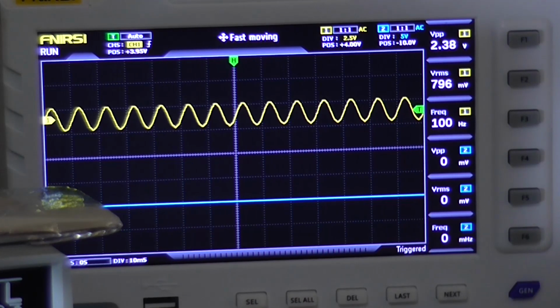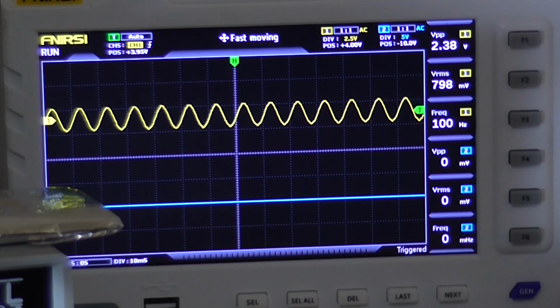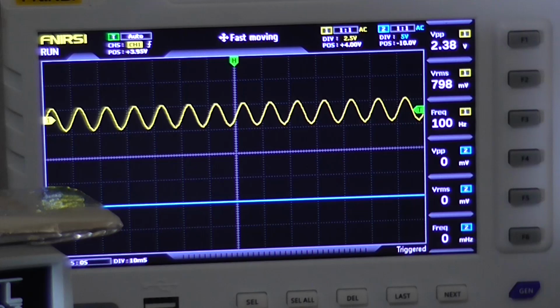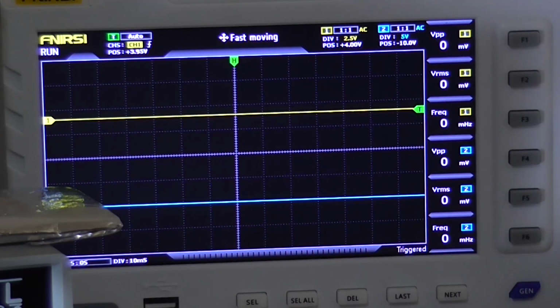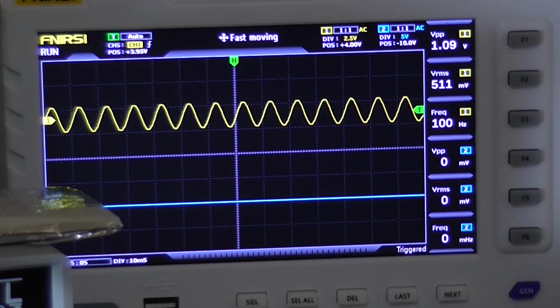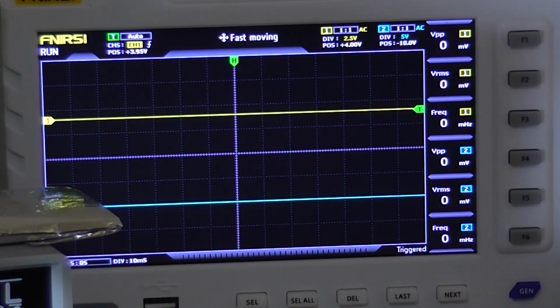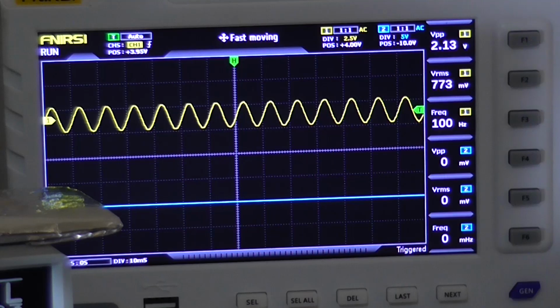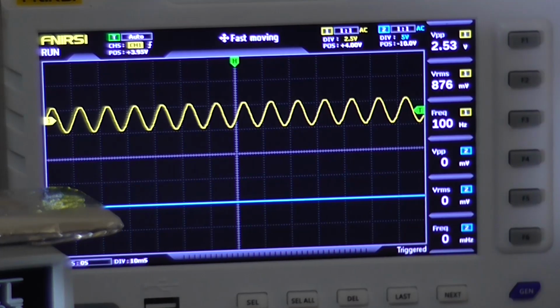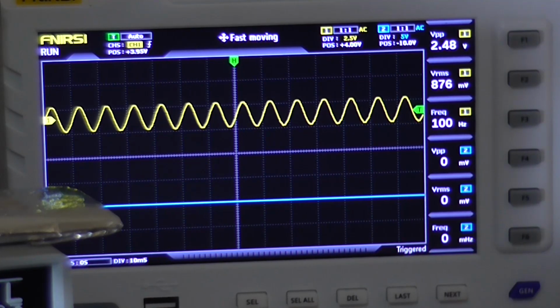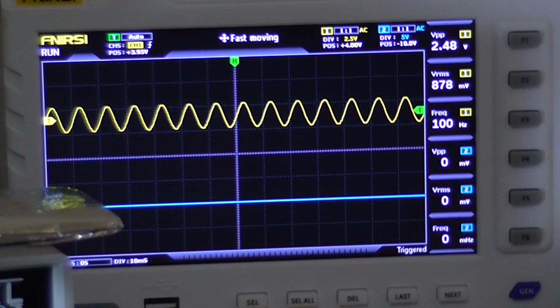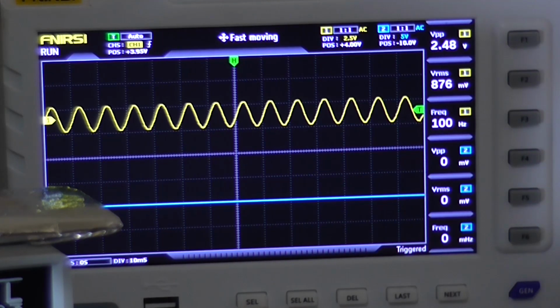It's about 2.38 volt peak to peak, which is not as strong as what the output is originally from the oscillator. I can compare it to what its input is, 2.58. So we've got a little bit of a loss there, but not a great deal of a loss. So yeah, that's going after the capacitor, so there is a signal there.